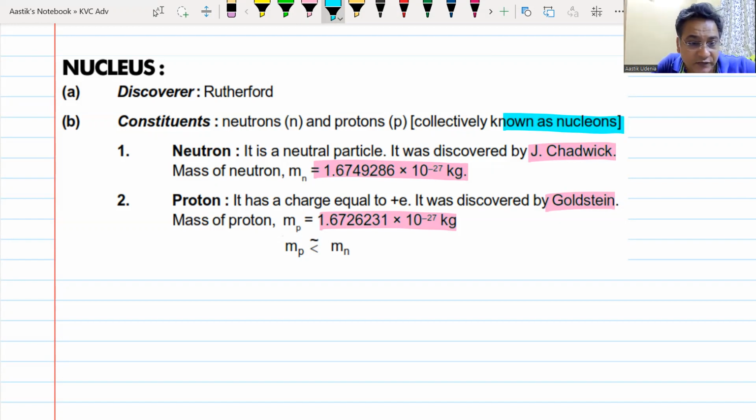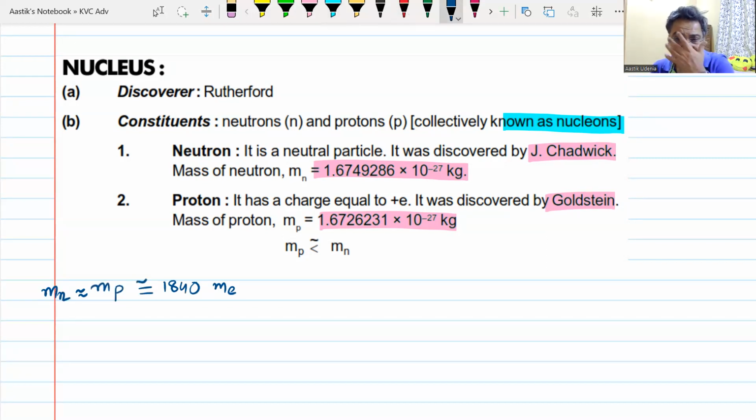Where does the electron come in here? The mass of an electron is very, very small compared to the mass of a proton. In fact, the mass of the proton is approximately 1840 times the mass of an electron, and the mass of a proton is approximately equal to the mass of a neutron.